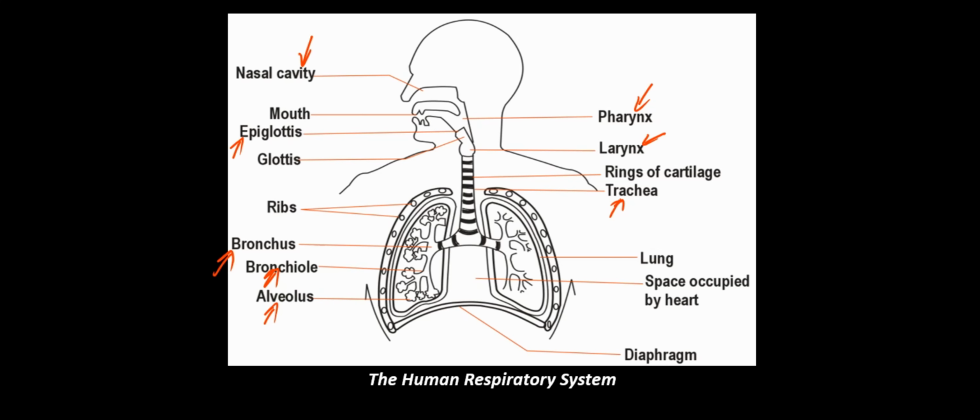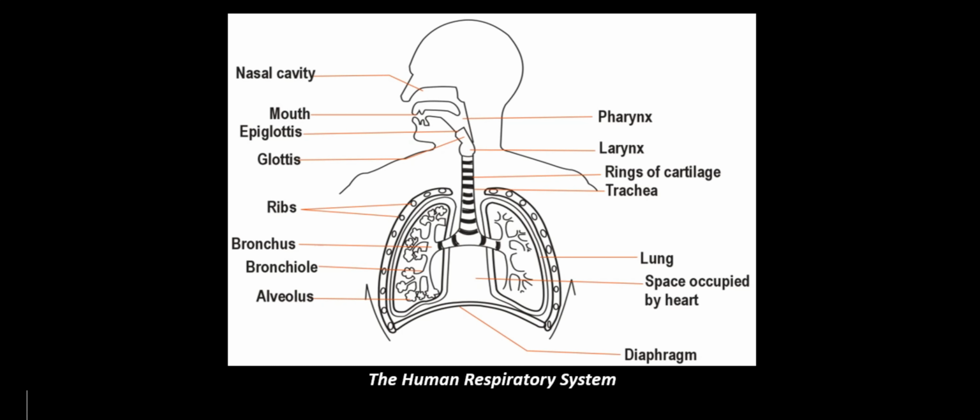So this is all about the respiratory system of human. The alveoli communicate with the atmosphere through a continuous air passage leading from them to the bronchioles, bronchi, trachea, larynx, pharynx, and nostril. So this is all about the respiratory system in man.